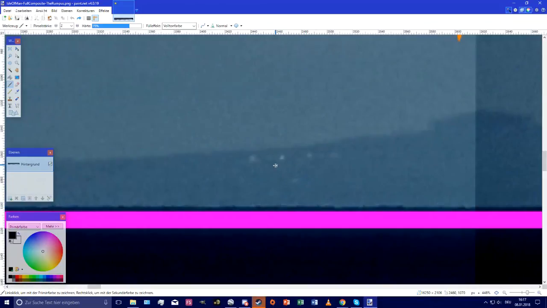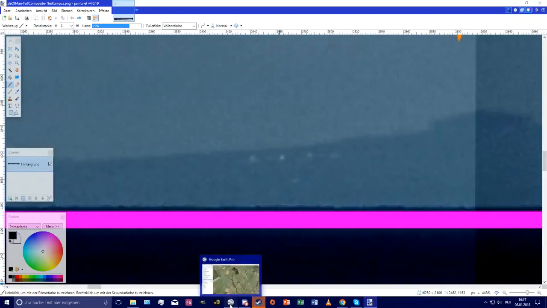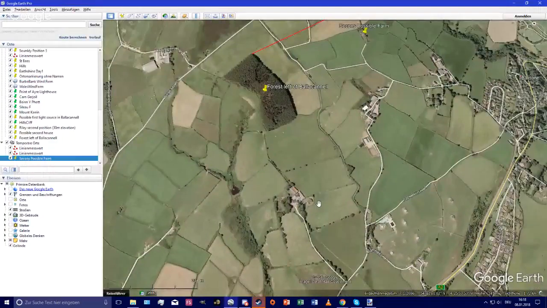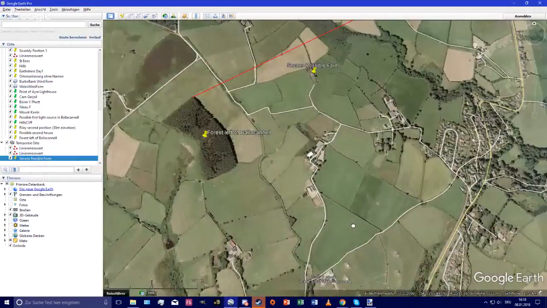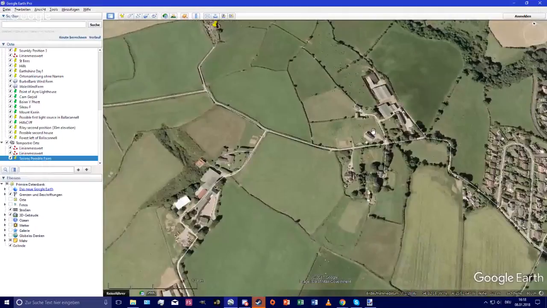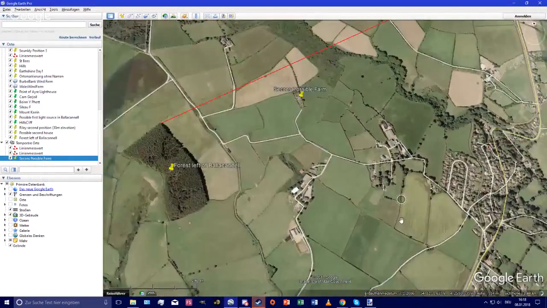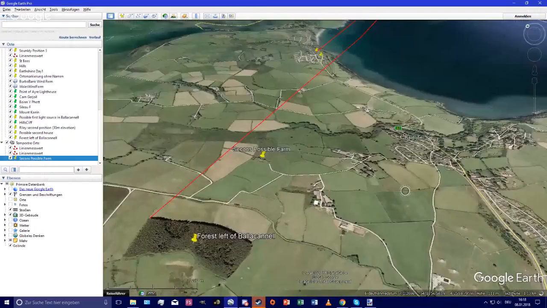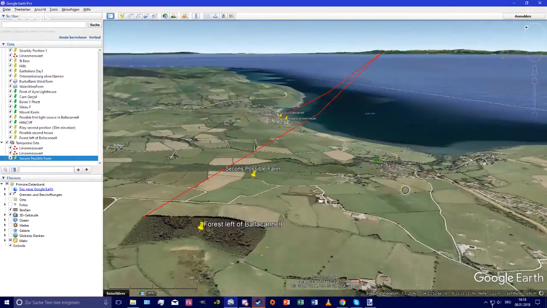So maybe if those 4 buildings are 1, 2, 3, 4, then the 5th one we would be seeing would be one of these. Right. Because regarding the heading, it would be right in front of it.